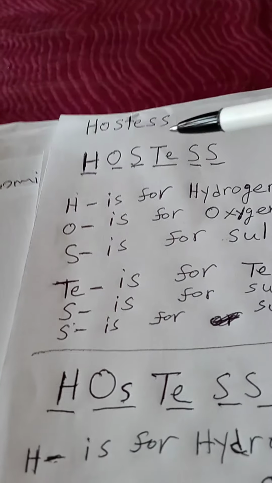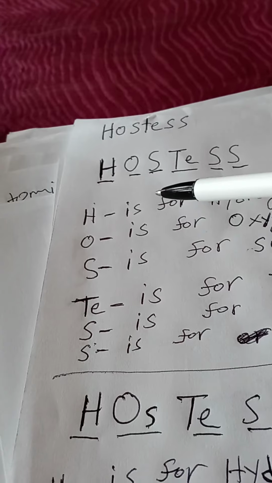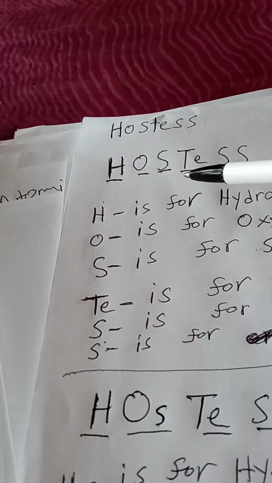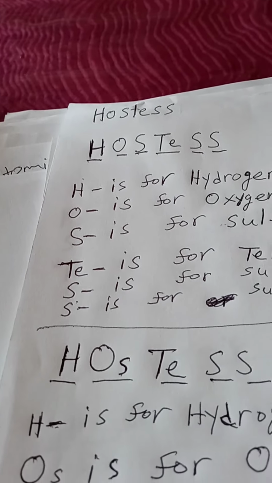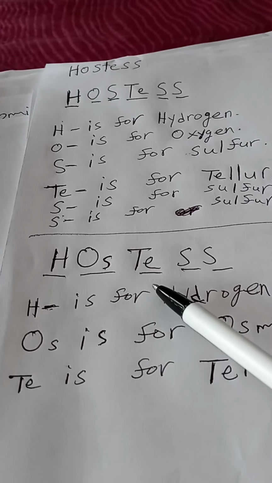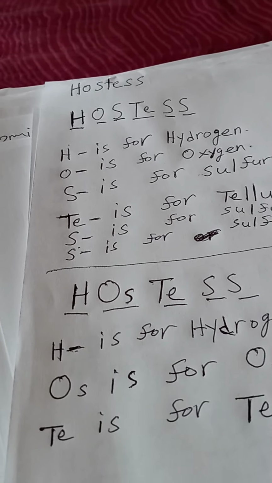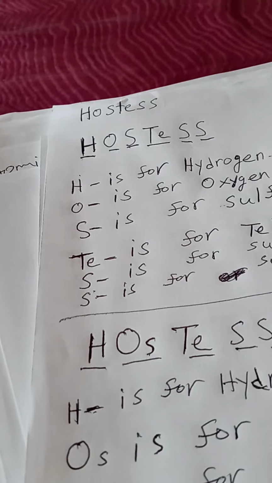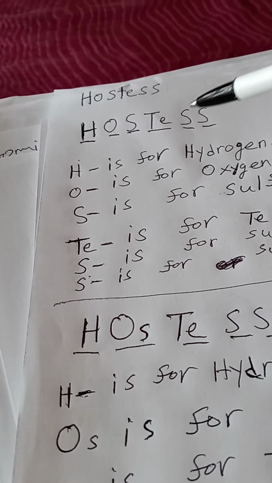Okay, that's one way to write it. It's capital H, capital O, capital S, capital T and a lowercase e, capital S, capital S. Or we can write this down another way. As you notice, the capital T and the small e, and the SS stay the same in all the cases. So let's do it. We can get capital H, capital O, capital S, capital T, small e, SS.